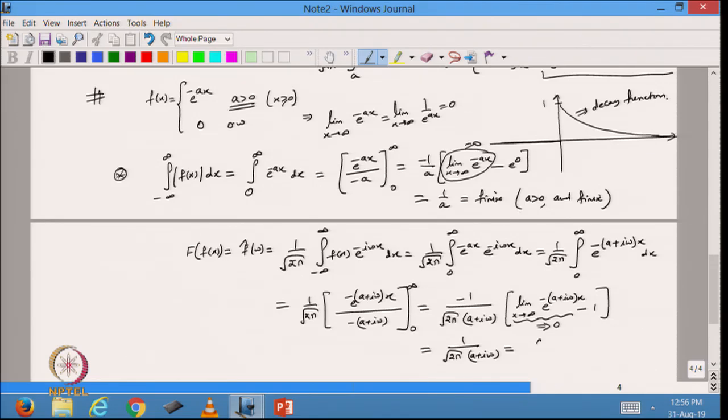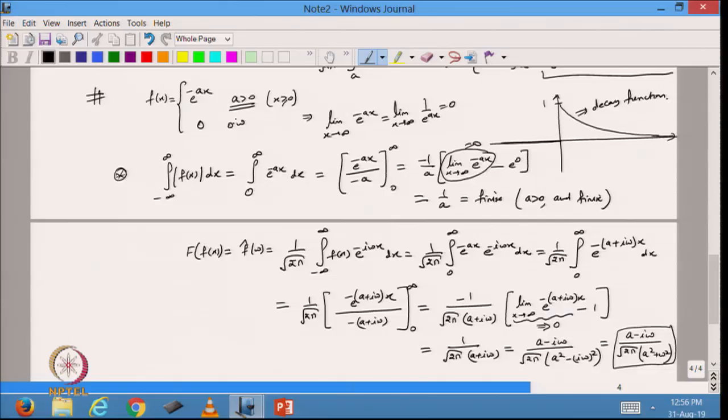So, I can say 1 over under root 2 pi times (a minus i omega) over (a squared plus omega squared). That is basically the Fourier transform for the decay function.